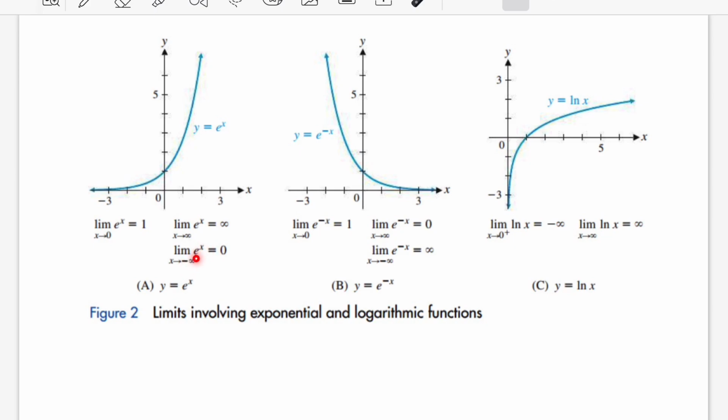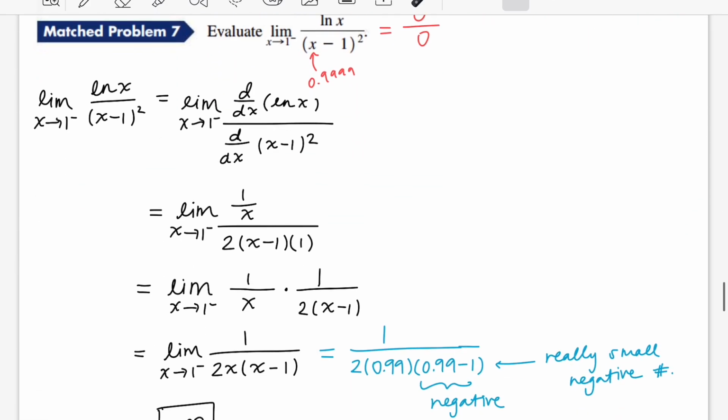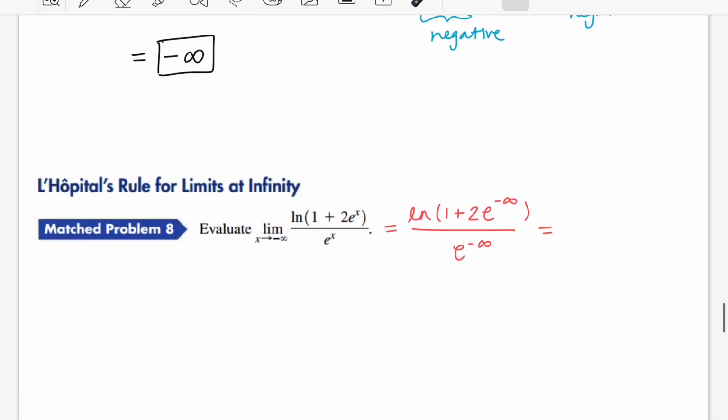e to the negative infinity is going to be equal to 0. So this goes to 0 here. So we just get ln 1 on the top, and then e to the negative infinity, we just said that was 0. And remember, ln of 1 is 0. So we do have indeterminate form, so we'll use L'Hopital's rule.